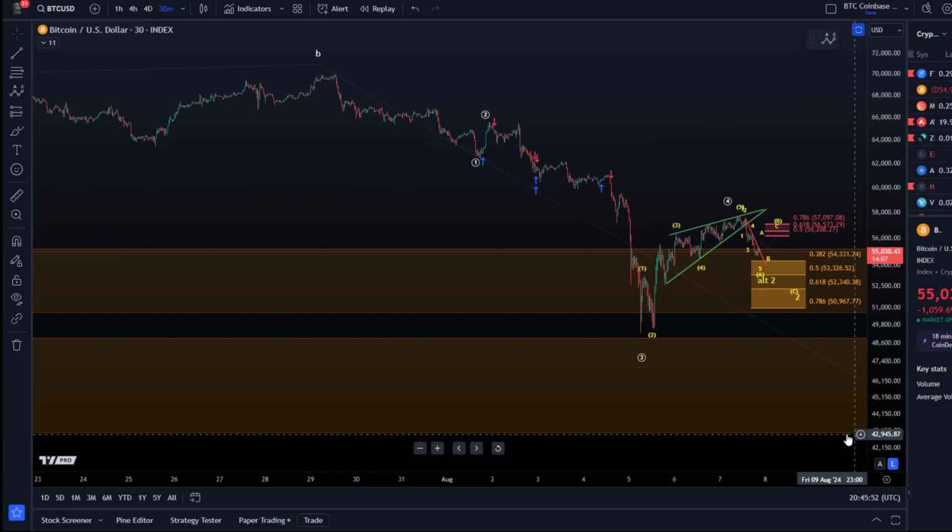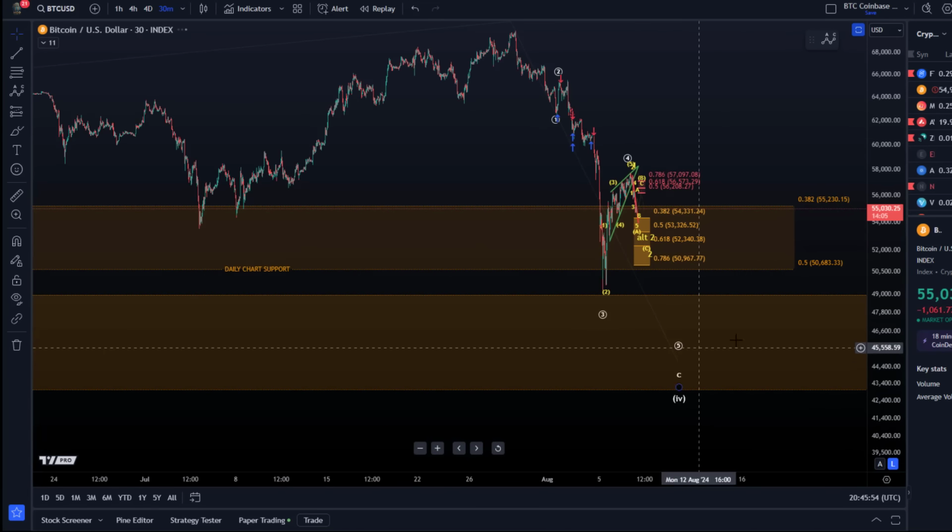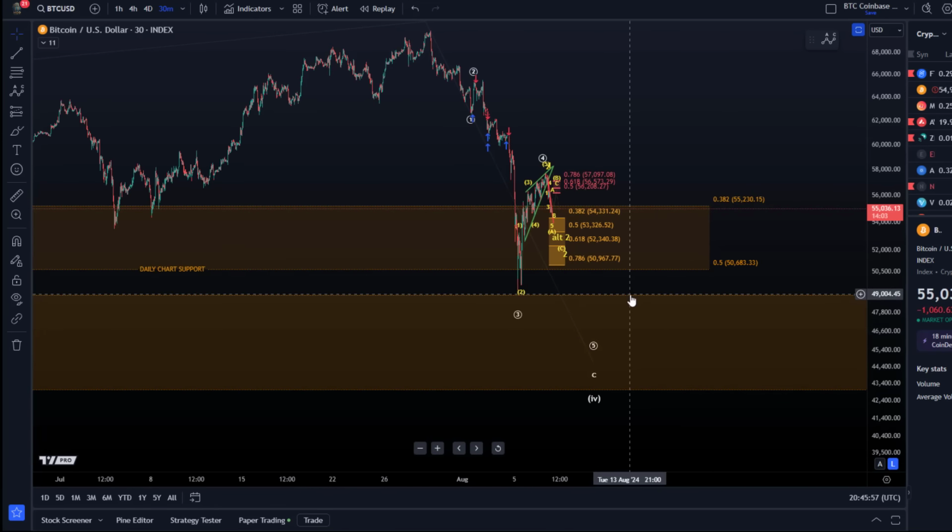If that happens, well, there's one at 49, but the next main one, because that one was already tested, is 43K. The problem is, if we break now below the Monday low, it will not be good for the altcoins. After such a washout, if the market still cannot recover, that's not going to be good.